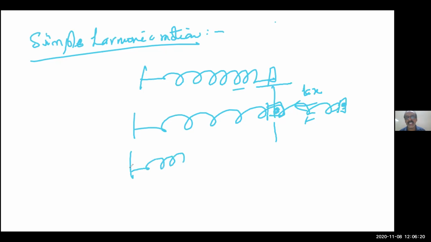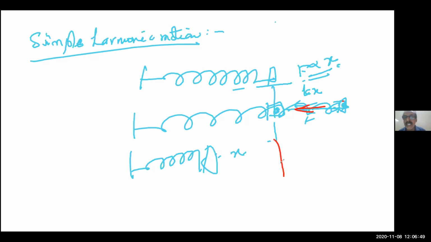It will go the same distance to the opposite side, so again a restoring force will develop. The more outward it goes, the more restoring force develops, so the restoring force is directly proportional to x. But this restoring force acts opposite to the displacement. Displacement is outward, restoring force is inward. Any doubt?